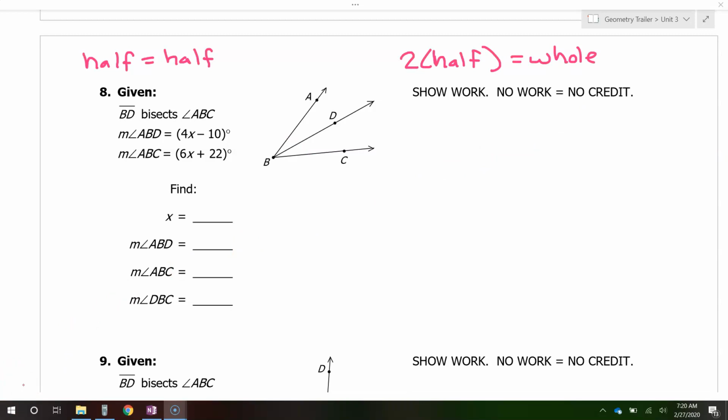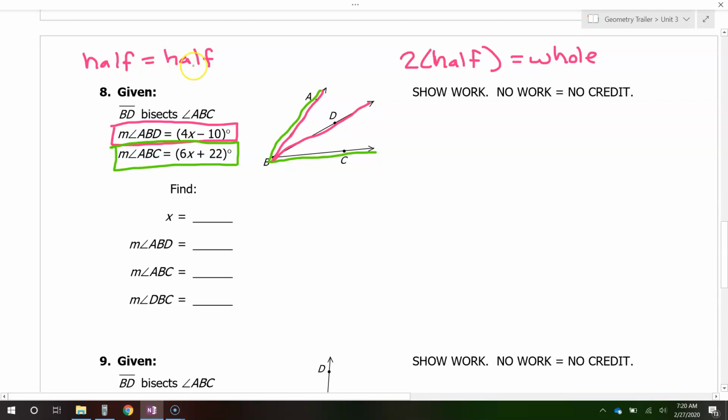So let's identify the angles. We have angle ABD, and here's angle ABD right here. I think I'll put a red box around that, color coordinate. And then angle ABC is this angle right here. I'll put a green box around that.